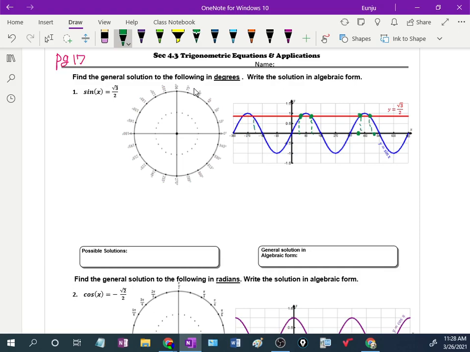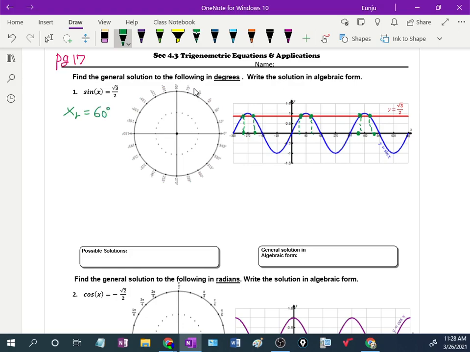As we see, this sine function is a periodic function, so we have infinitely many solutions. How do we write all of those as a pattern? That is the question. Okay, so let's see. Root 3 over 2. What is the reference angle for this case? Sine 30 degrees is 1/2. Sine 60 degrees is root 3 over 2, right?